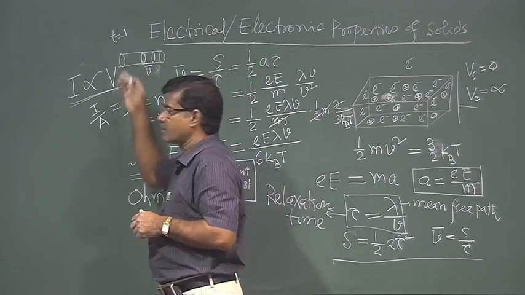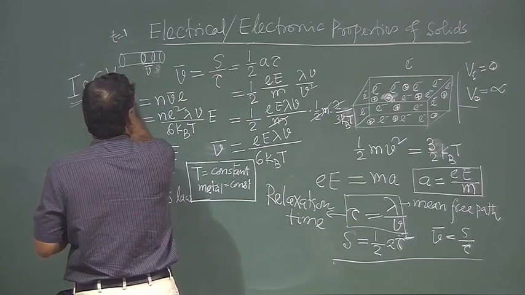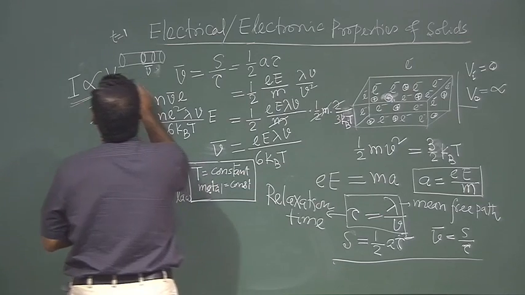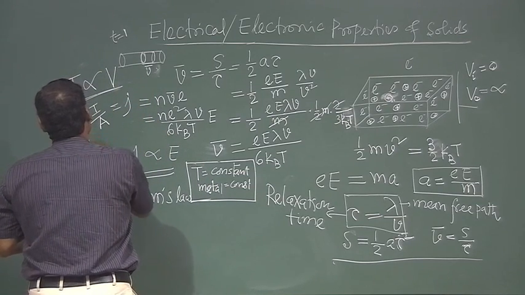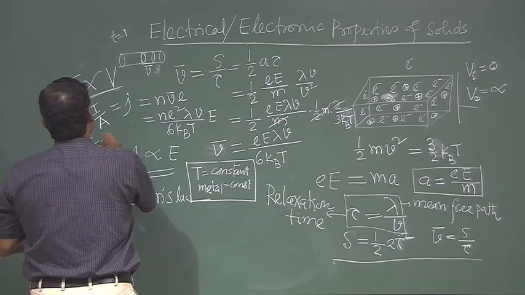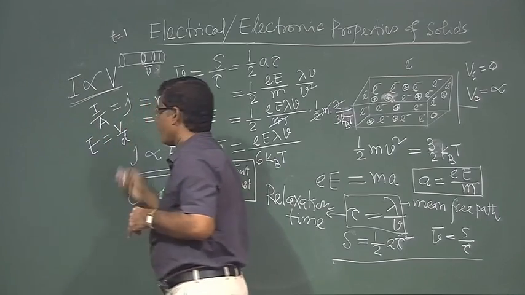And voltage also, what is the relation? Voltage V is related to the electric field as V by D. What is D?